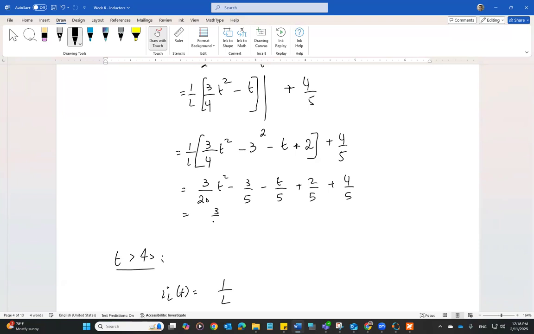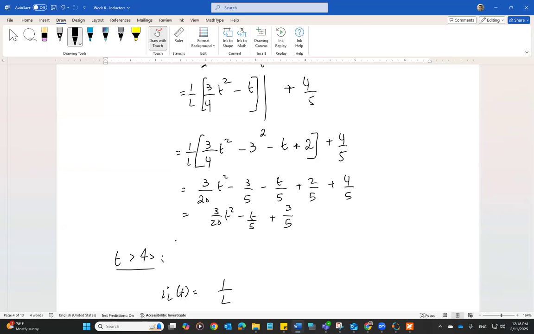So I have 3 over 20 t squared and minus t over 5, and then 5 is the common factor, and I have negative 3 plus 2 plus 4. So negative 3 plus 2 is negative 1, and then plus 4 is plus 3. That is going to be my current.